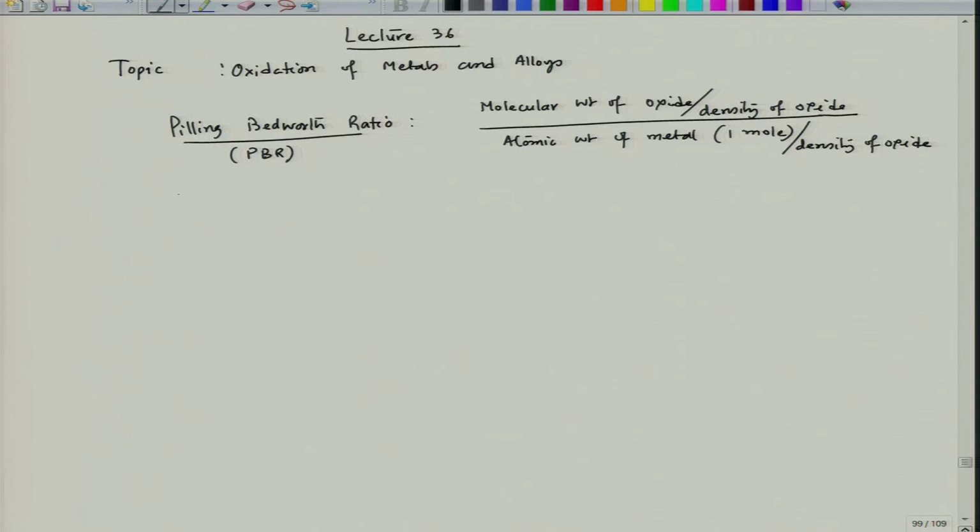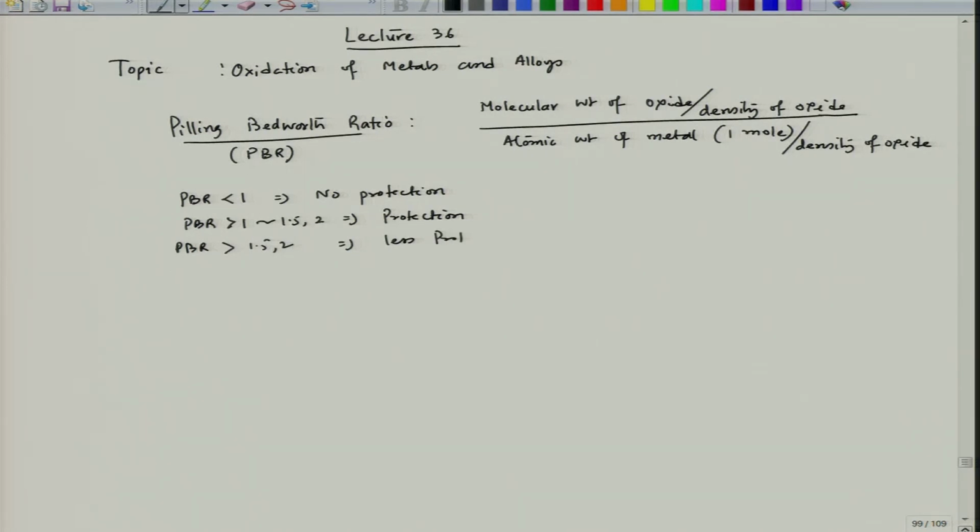Now, we also notice that if PBR is less than 1, there is no protection. If PBR is greater than 1, but between 1.5 and 2, it gives protection. And if PBR is greater than 1.5 or 2, there is less protection.